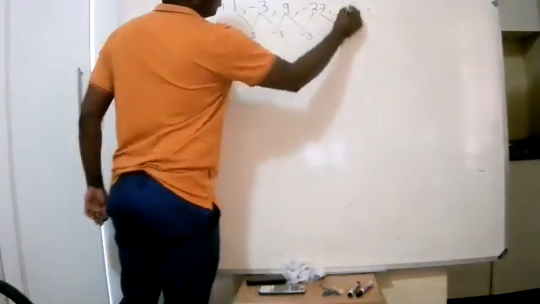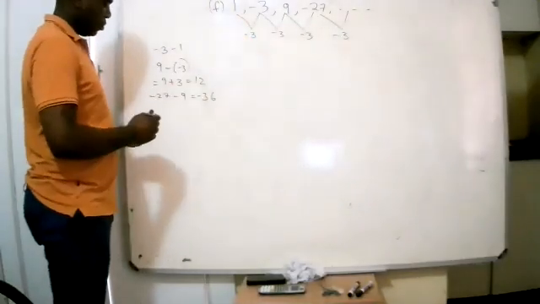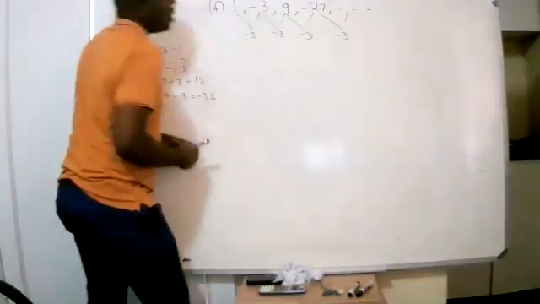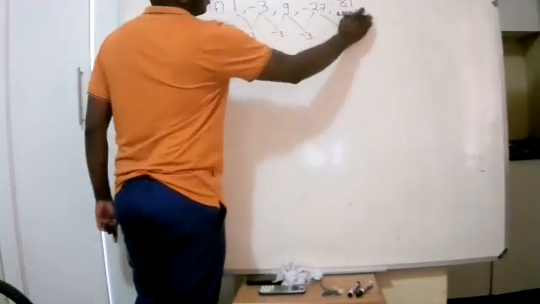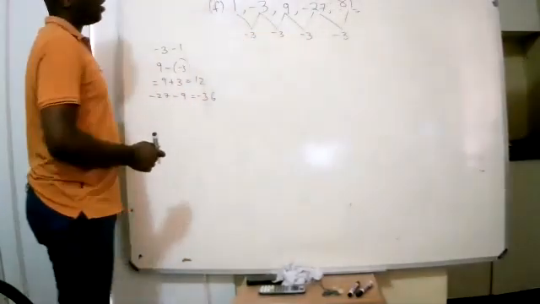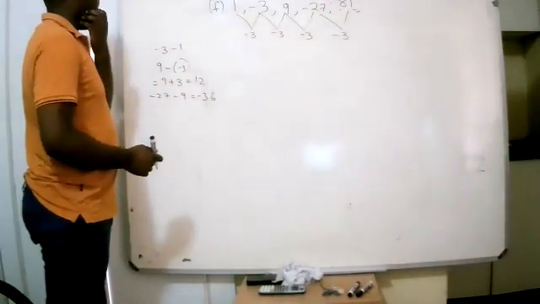So now, can you tell me what is going to be the next term of that pattern? 81. It's going to be positive 81. Very true. And then what is the next term after 81? -243.